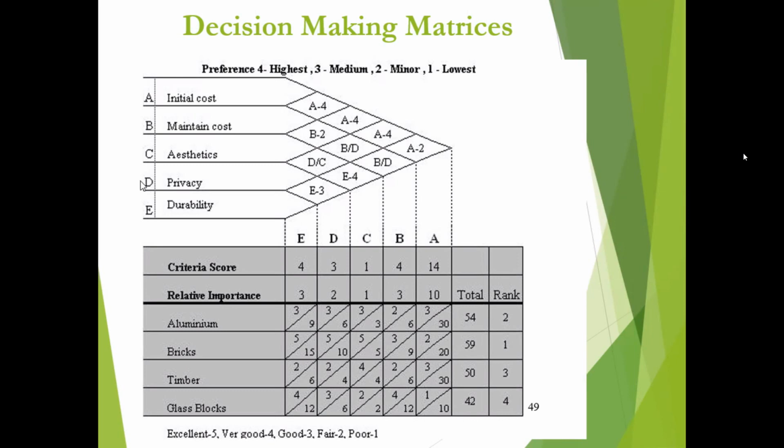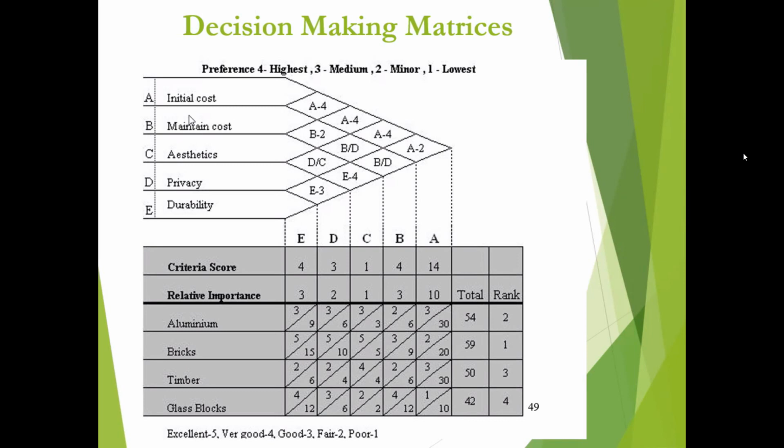Right. So here there are 5 criteria: initial cost, maintenance cost, aesthetic, privacy, durability. And there are 4 options: aluminium, bricks, timber, glass blocks. First of all, we do a comparative evaluation of these criteria, to see whether there is any preference over any other criteria. Look at initial cost: it needs to be compared with all the other 4 criteria.